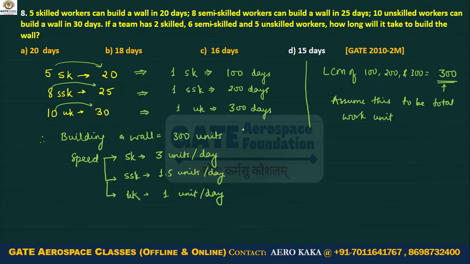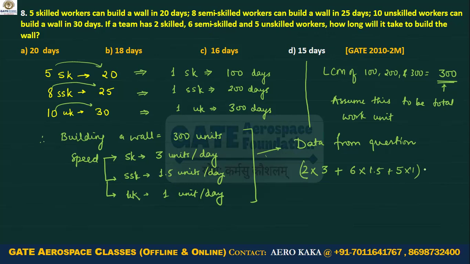Now I'll take the data from the question to solve this further. That is, there are 2 skilled workers, so I'll multiply 2 times the speed of a skilled worker, that is 3, plus 6 semi-skilled workers multiplied by the speed of a semi-skilled worker, which is 1.5, plus 5 unskilled workers having a speed of 1 unit per day.